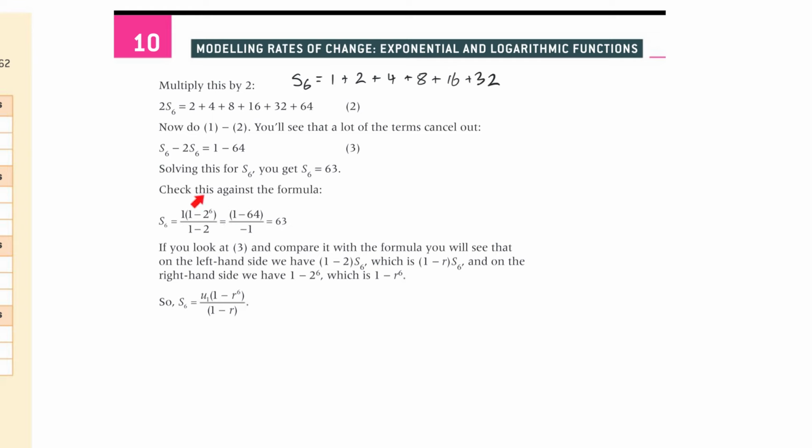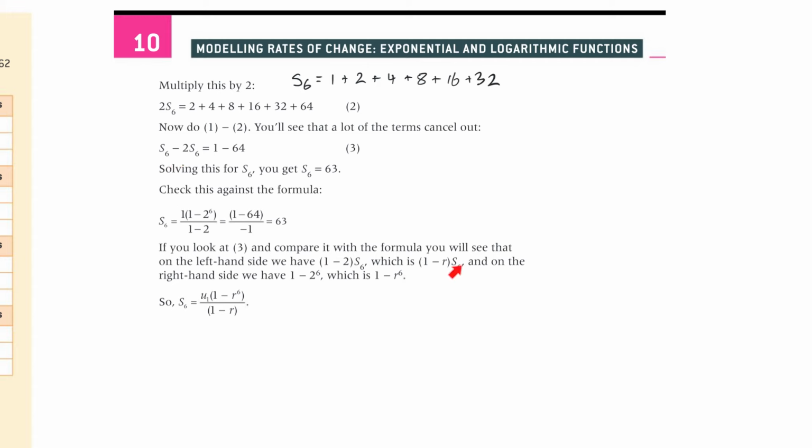Now you could have used the other formula. Remember there's 2. And then we've got 63. If you look at 3, this one, and compare it with the formula, you will see that on the left-hand side we have 1 minus 2. If we take S6 out of this and we put it in brackets, we're going to have S6 outside of 1 minus 2, aren't we?